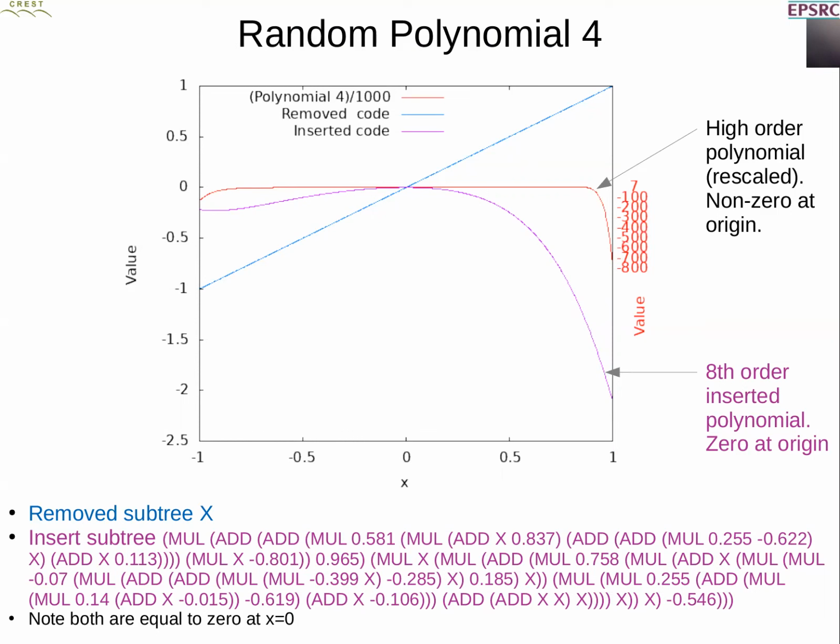Notice that, in fact, the replaced code and the inserted code both have the value 0 at the origin. So we know that at the end of our complete evaluation on the test case where X is 0, the evaluation of the mutant and the original code are going to be identical. And we know that immediately.